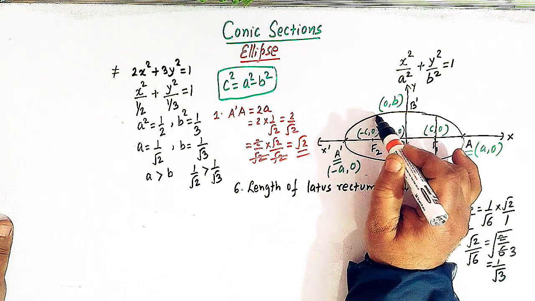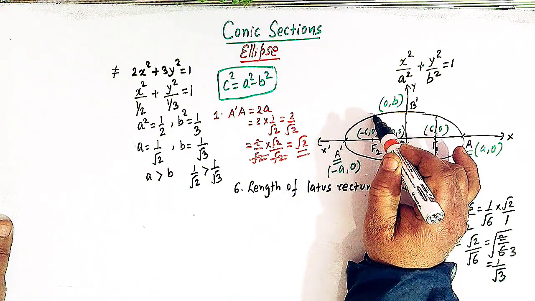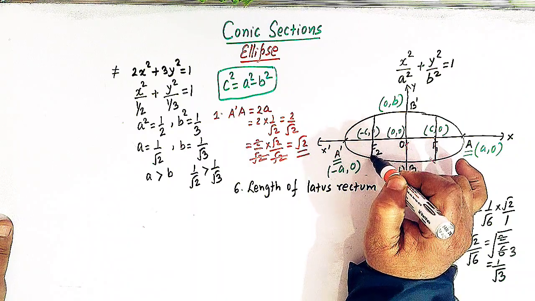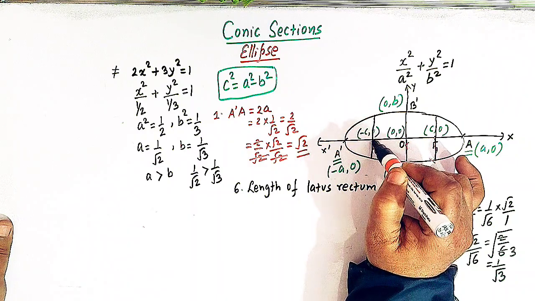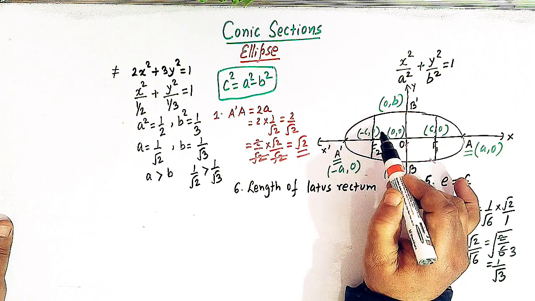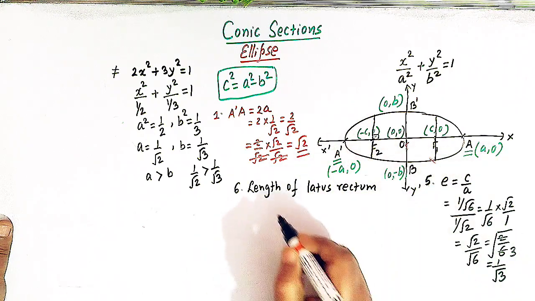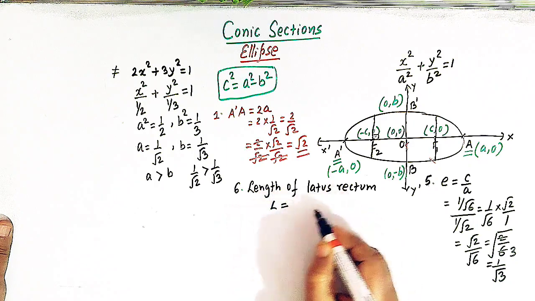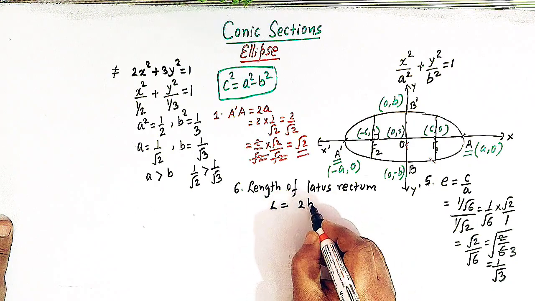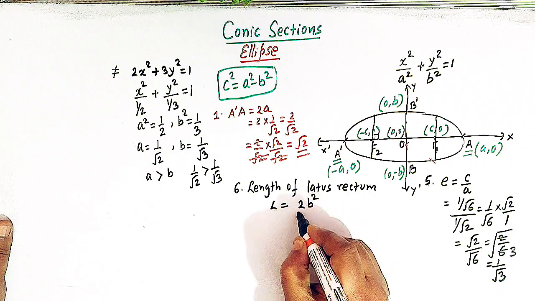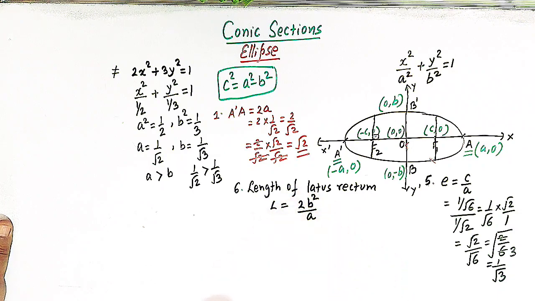Similarly, the other latus rectum is drawn like this, that is, this line passes through the focus F2 and it is perpendicular to the major axis, and the length of latus rectum is given by the formula, that is 2 times b square over a, right?